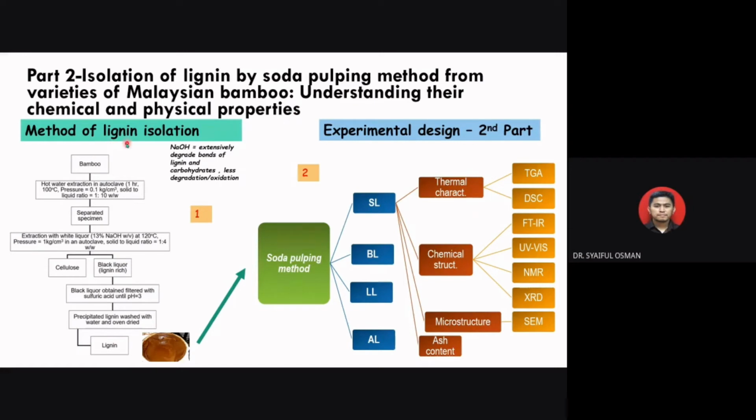Why did I choose sodium hydroxide? Because it extensively degrades the bond between the lignin and carbohydrate, thus making it easier to dissolve lignin with less degradation and oxidation of the lignin molecule. And before that, I performed a pre-treatment of the bamboo fiber using hot water extraction in an autoclave.